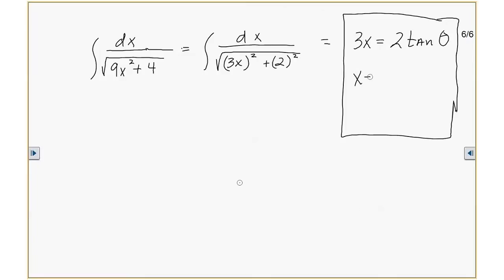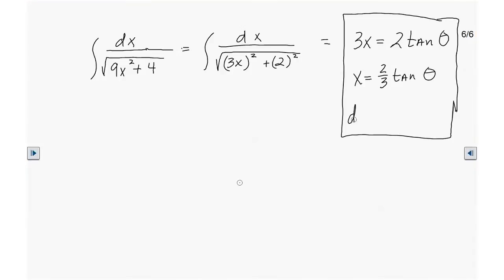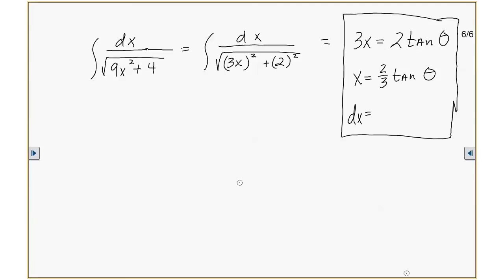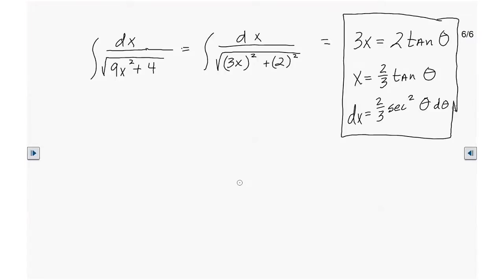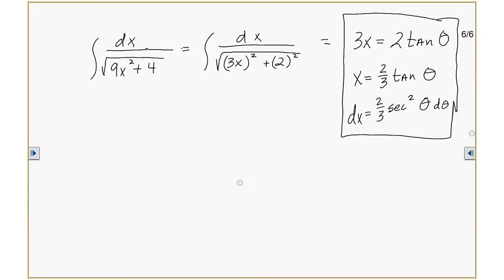x is equal to 2/3 tan theta. So dx is equal to 2/3 secant squared theta d theta. Okay, now there's your key.